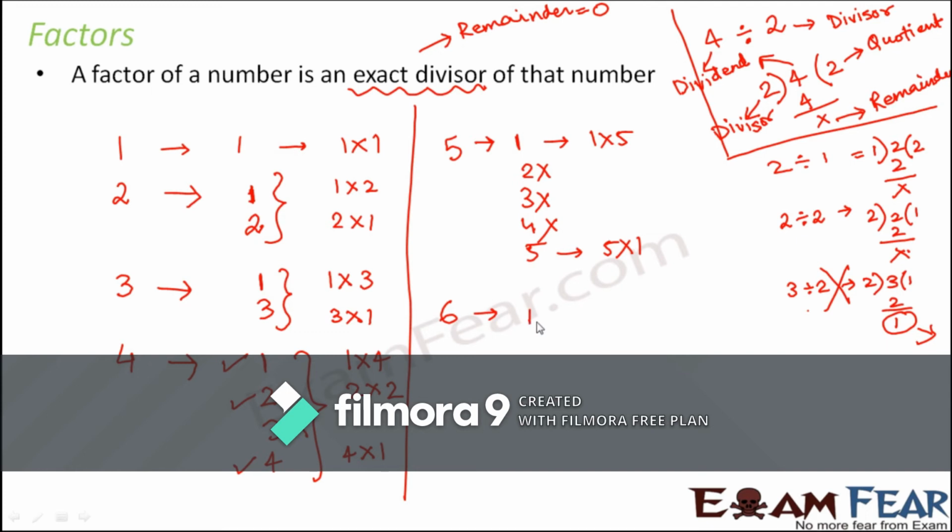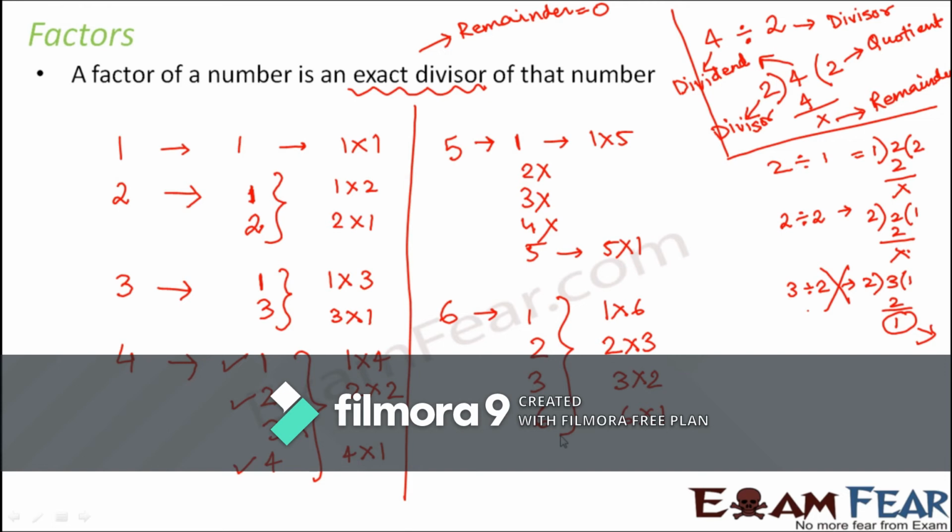In case of 6, 1 is a factor because 1 into 6 is equal to 6. 2 is also a factor because 2 into 3 is equal to 6. 3 is also a factor because 3 into 2 is equal to 6. What about 4? No, 4 is not a factor. 5 is also not a factor, but 6 is a factor because 6 into 1 is equal to 6. Therefore, 1, 2, 3 and 6 are the factors of 6.